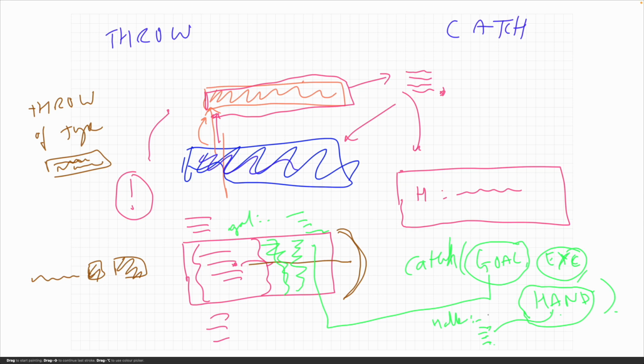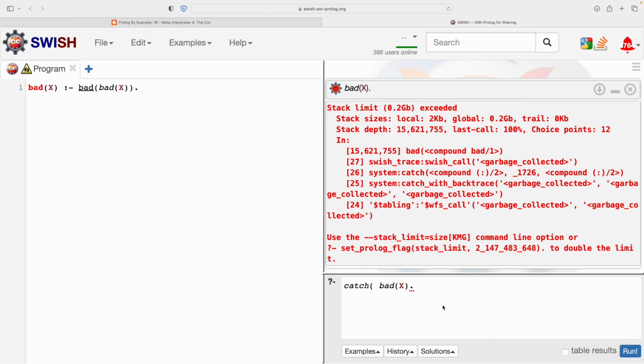So just very quickly we'll show the simplest use of catch. So catch, if we have a general variable to catch any exception, so that's Prolog kind of flavor there, and as a handler we'll just write it out. That's our handler.